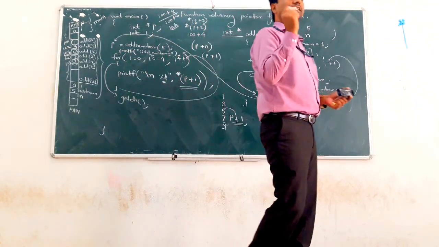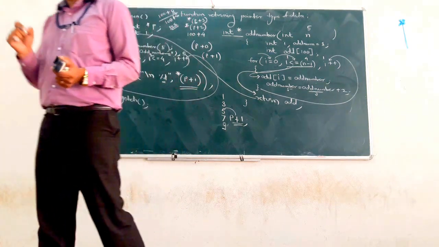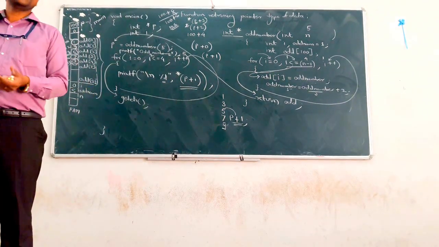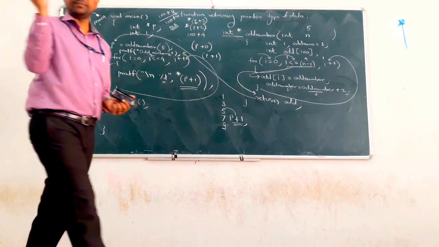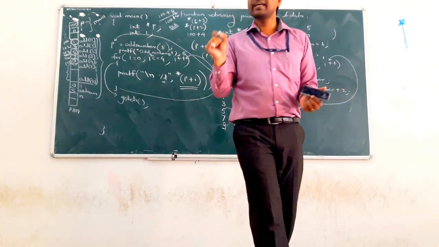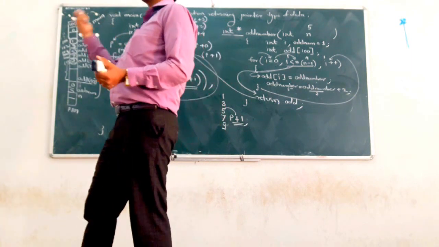But till now there is one problem. Think about that. What is the problem? It gives the correct answer, but one problem is there, based on lifetime and scope, that is aliveness and accessibility.